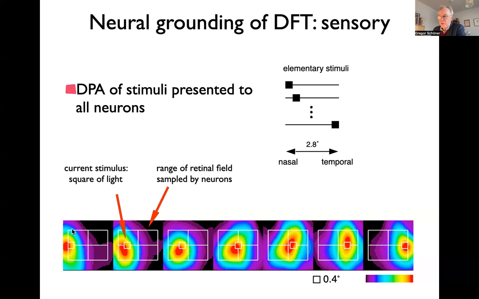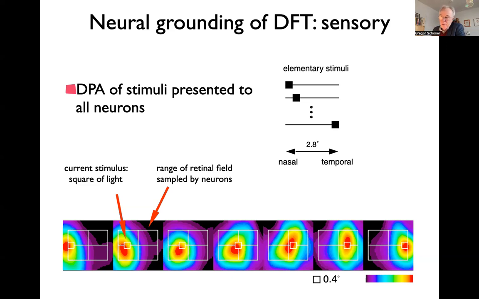So here, this larger grid indicates where this is on the visual array, and this little square in the middle is where the stimulus was in these different conditions. And you will see that the color code is the distribution of population activation that now represents the stimuli. And you can see that it is indicative of where that stimulus is. So this is not on the cortical surface, this is directly on stimulus space, on the retinal space.